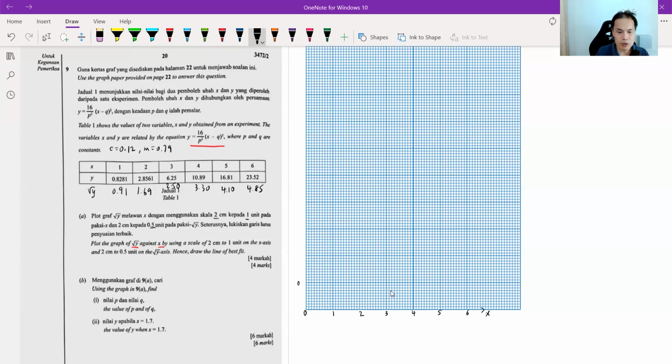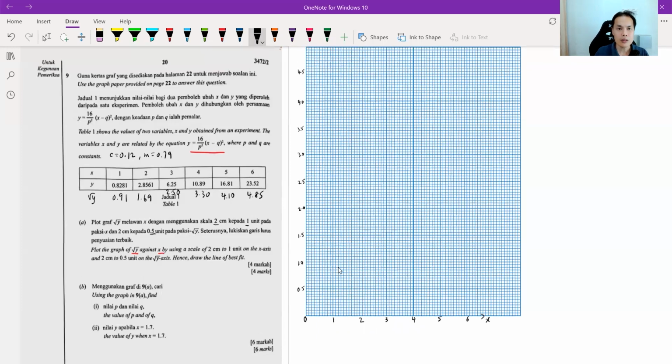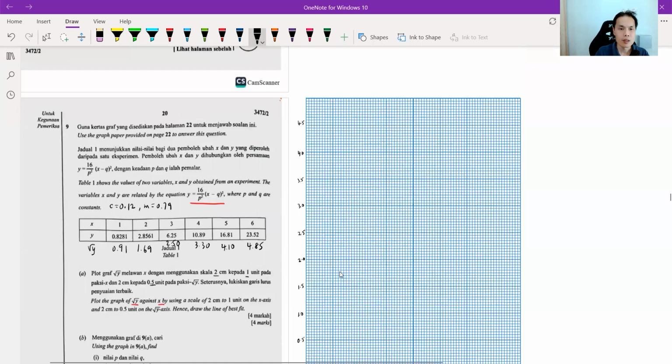For the y values: 0.5, 1.0, 1.5, 2.0, 2.5, 3.0, 3.5, 4.0, 4.5, 5.0. And this is square root of y.